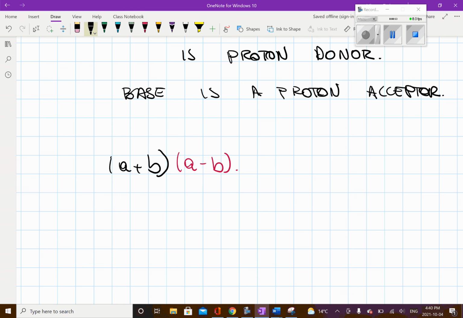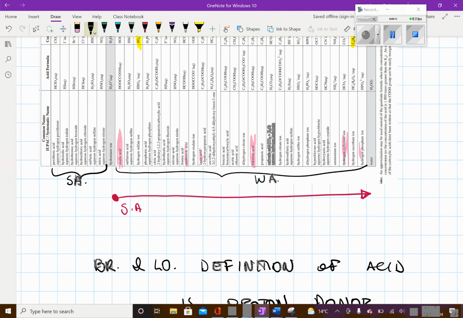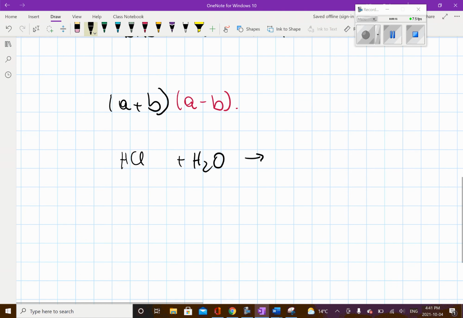So let's suppose we have hydrochloric acid in water. Hydrochloric acid, in your data table, is one of the strongest acids, HCl, which means that it will be 100% ionized. This is why when we are writing it in water, we just go in one direction, because it will be 100% ionized.